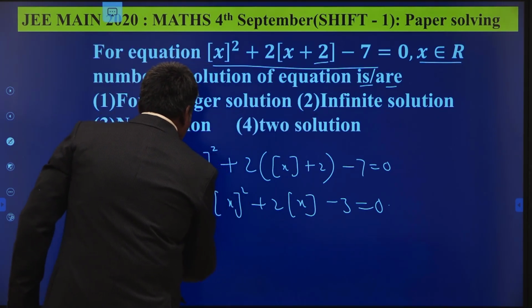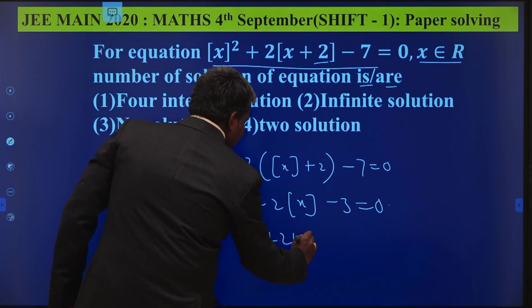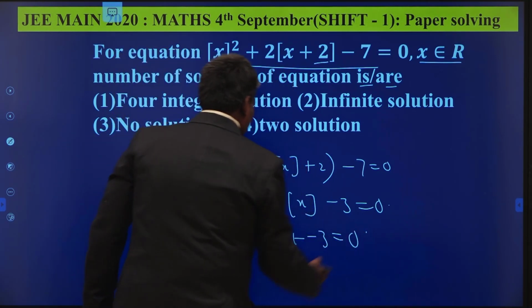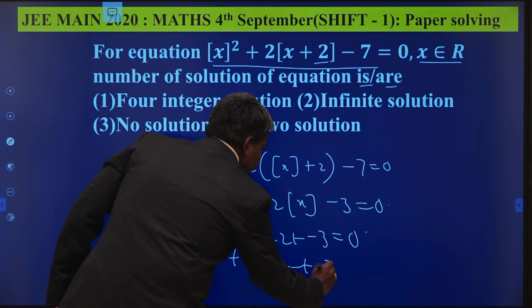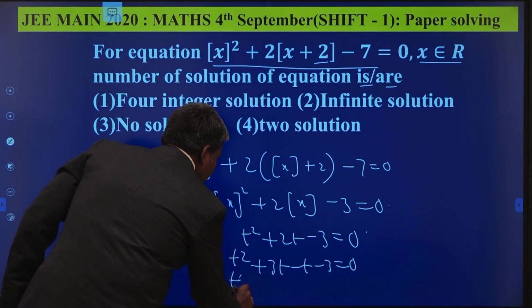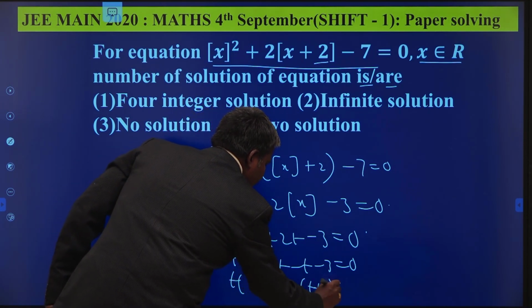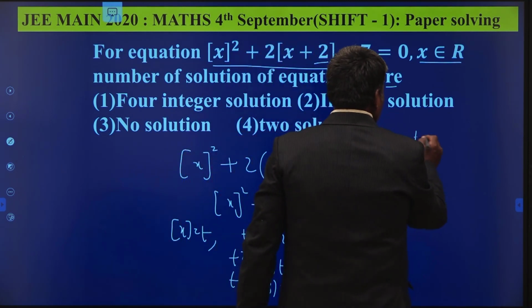So t^2 + 3t - t - 3 = 0. So t(t + 3) - 1(t + 3) = 0. Therefore t equals 1 or t equals minus 3.